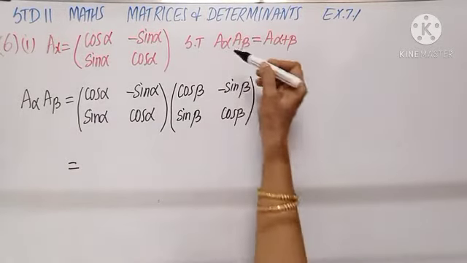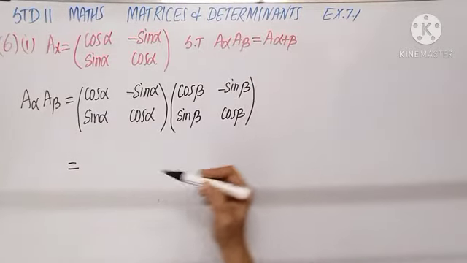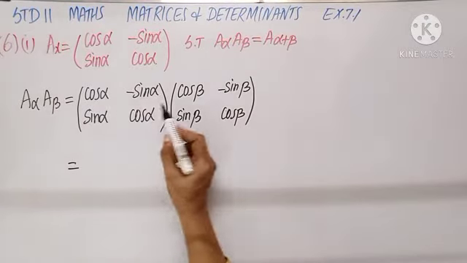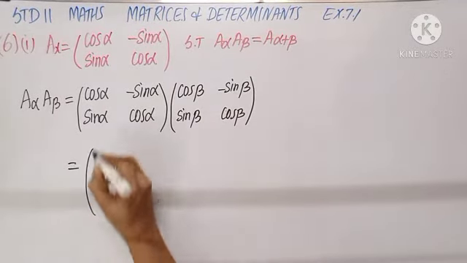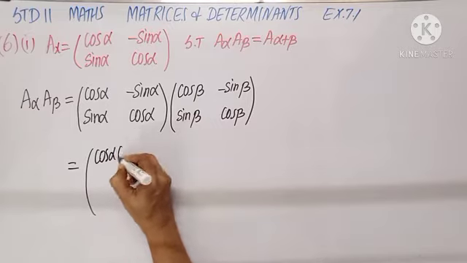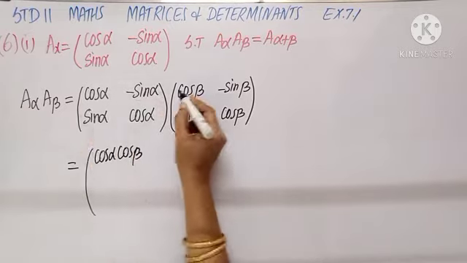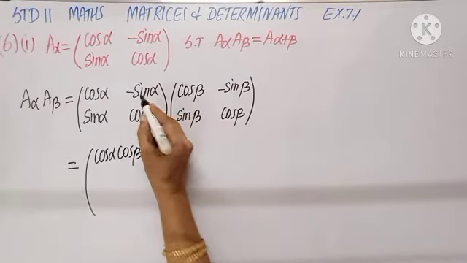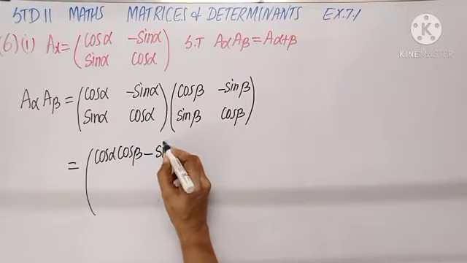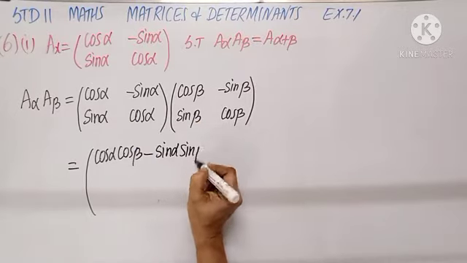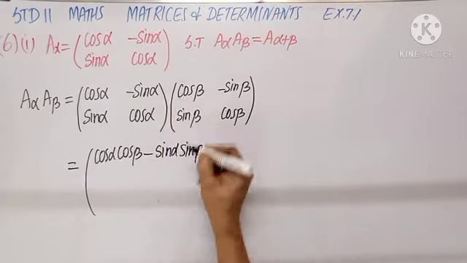My question is to multiply. How to multiply? First row by first column: cos alpha cos beta minus sin alpha sin beta.